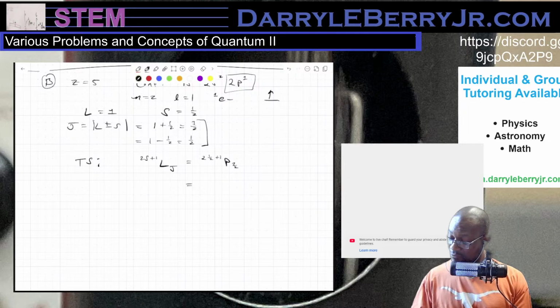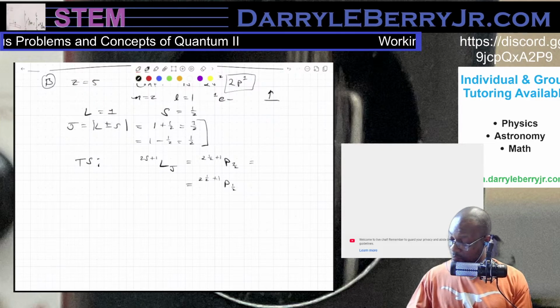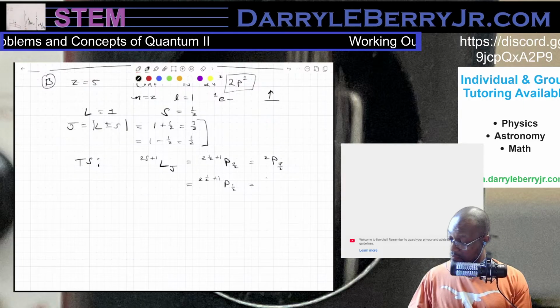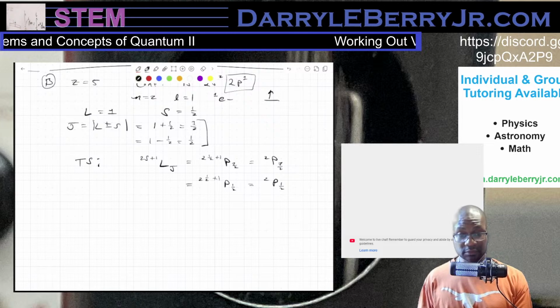And then we have 2 times 1/2 plus 1, P, 1/2. So that equals 2P3/2 and 2P1/2.